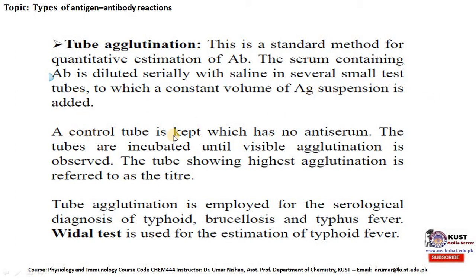A control tube is kept which has no antiserum. The tubes are incubated until visible agglutination is observed. The tube showing highest agglutination is referred to as the titer.